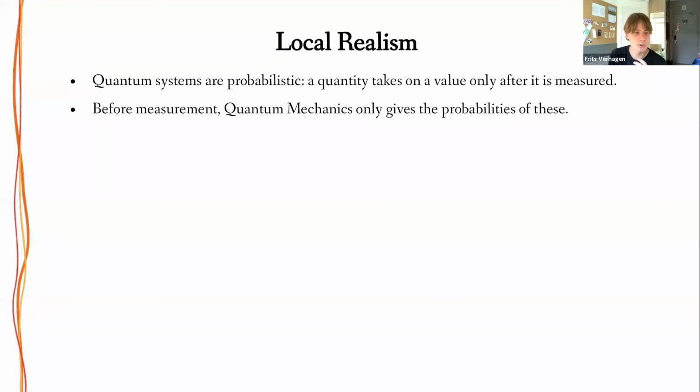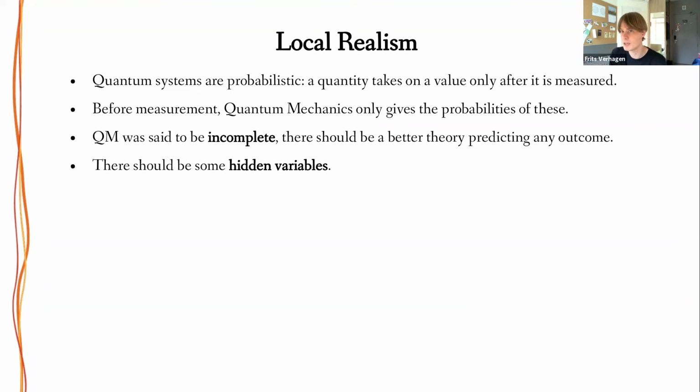So this is very key to quantum mechanics. And what quantum mechanics does is it gives you a probability that you will get a certain measurement result, right? So that's the only thing you can know. So it kind of seems like quantum mechanics is incomplete because you can only get the probability of certain measurements. It doesn't say what you will get.